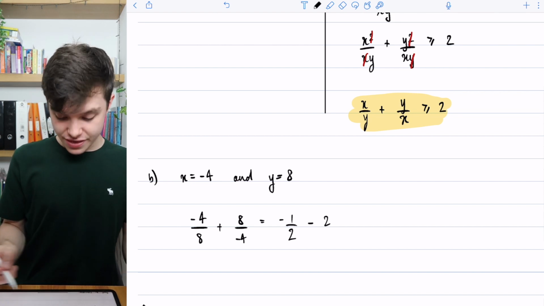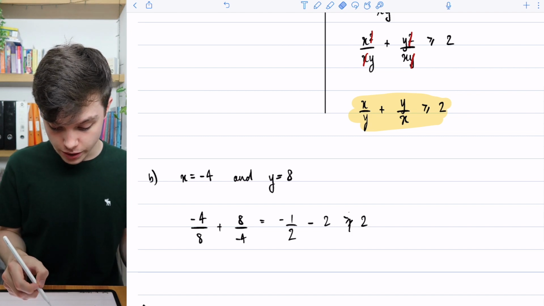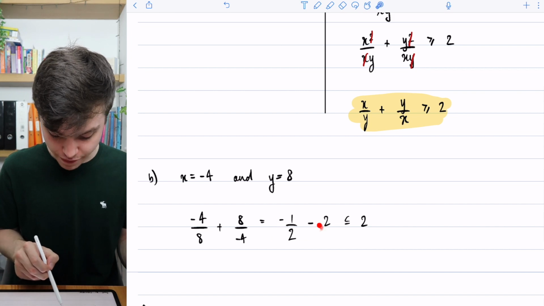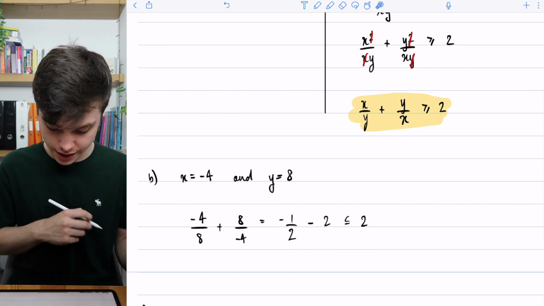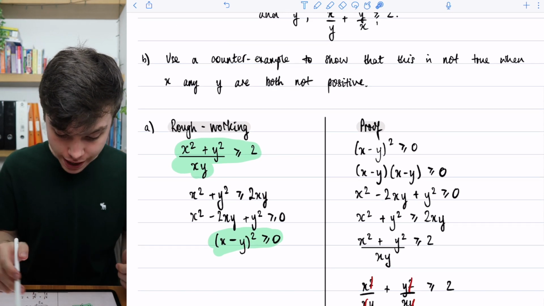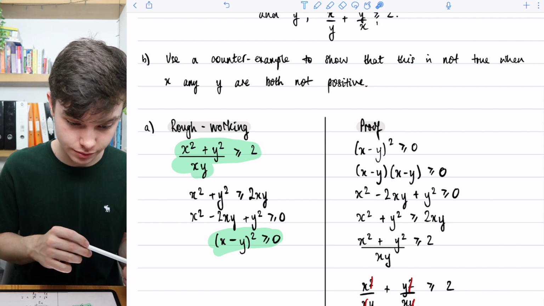I can clearly see that is not greater than or equal to 2. In other words, we could say that is less than or equal to 2, because we've got minus a half minus another 2. So that clearly disproves the statement when x and y are both not positive.